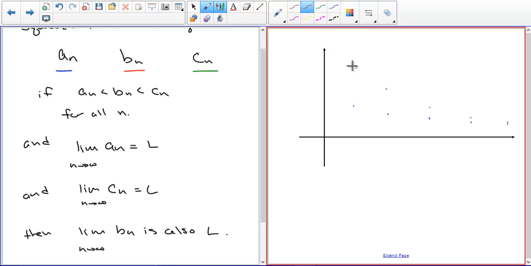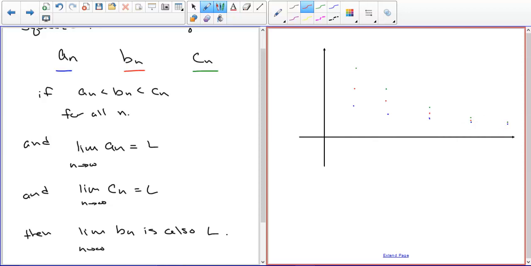So if I can evaluate the limit of this somehow, and I know that it approaches L as n goes to infinity, and I can do the same thing for C sub n, because these are easy to evaluate, but this one's not so easy to evaluate. But I know that the sequence B sub n always has a value between them. I know there's no way that the red curve can go anywhere else.